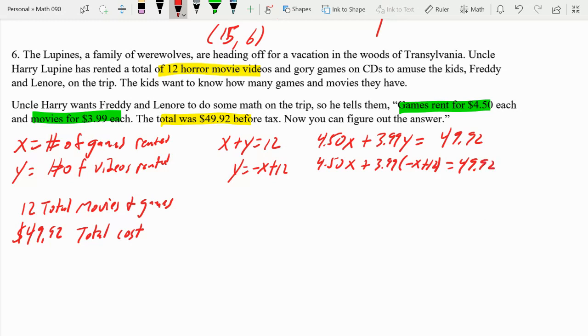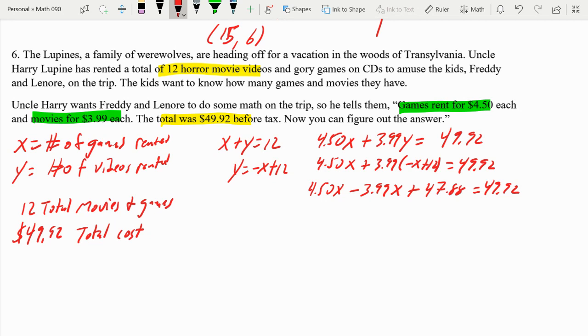And I'm hoping at some point you guys just fast forward through this, you do the work yourself, and you check your answers. All right. So 450x minus 399x plus whatever 12 times 399 is, I have no idea, 4788. All right.